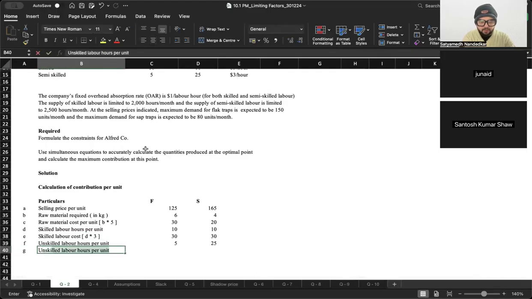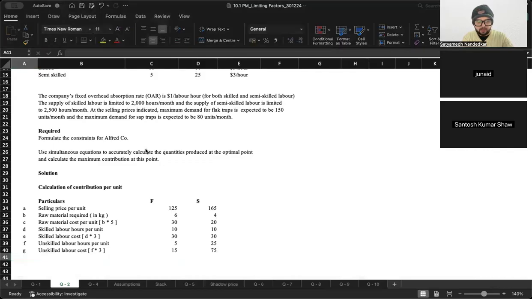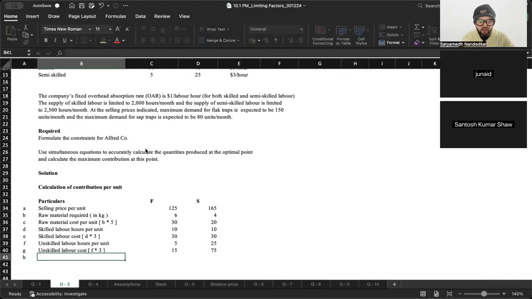So unskilled rate per hour is given. Unskilled labor cost would be F into 3. So now what do I need? I need my total variable cost for making this. So EFGH.